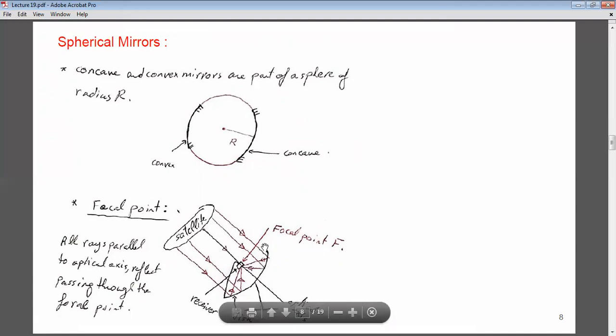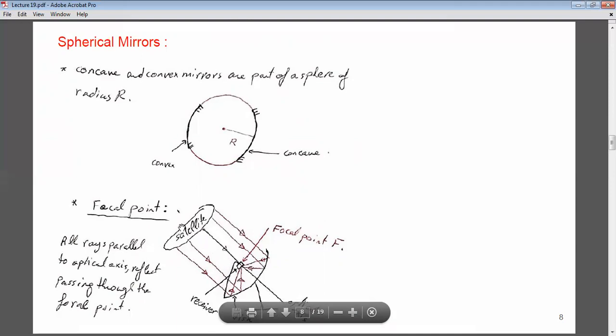So for example, if we take this dish over here, which is concave, and we bring many rays parallel to each other, so all rays parallel to the optical axis. The optical axis is what we see here. It is from the middle, and we draw a line passing through the center.